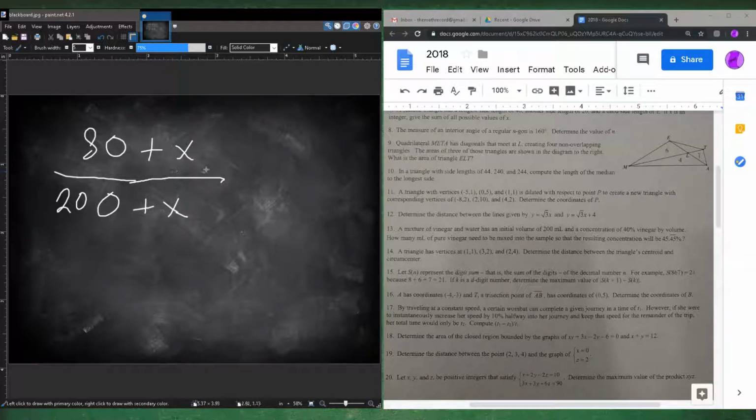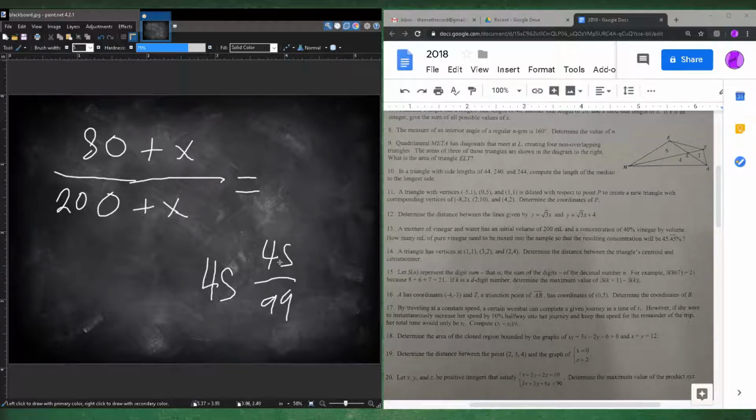So x is what we're going to say stands for it. Now that is equal to the proportion at the end, which they already gave us, which is the resulting concentration of 45.45% repeating, right? So that's the same thing as 45 repeating, which is just 45 over 99.